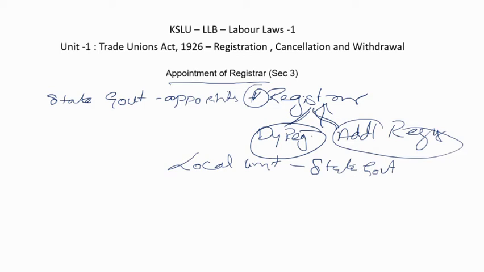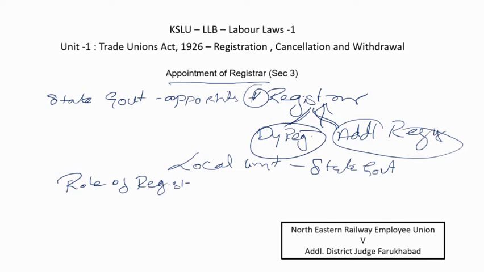Now the important point is, what is the role of a registrar? This was discussed in the case of Northeastern Railway Employee Union versus Additional District Judge Farrukhabad. In this case, it was clearly stated that the registrar of a trade union is the authority charged with the duty of administering the provisions of the Trade Union Act.